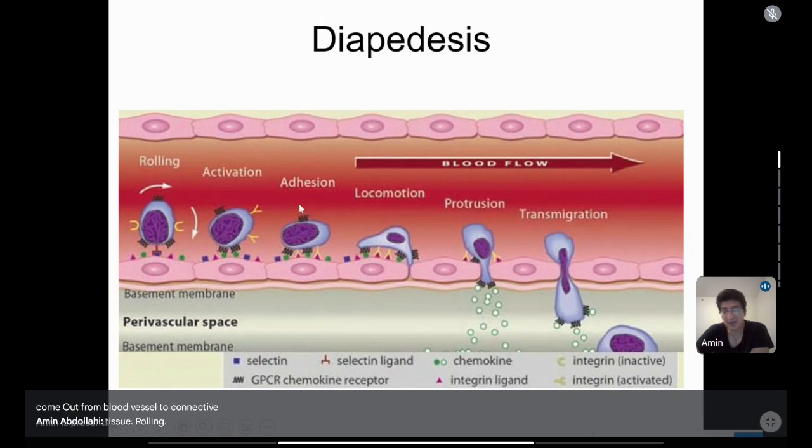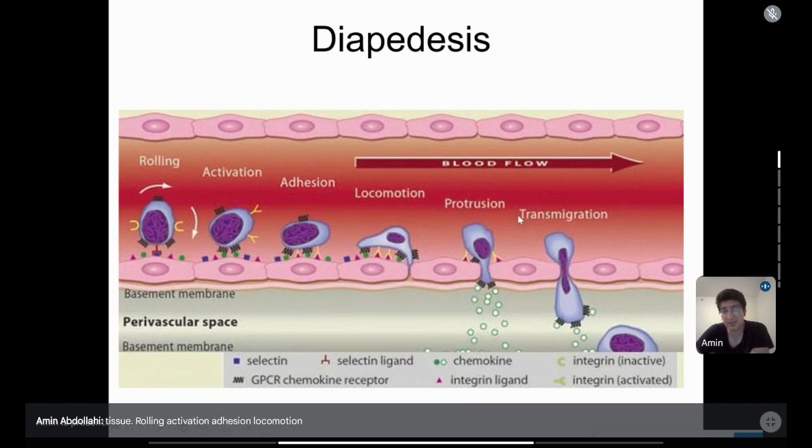Rolling, activation, adhesion, locomotion, protrusion, and transmigration.